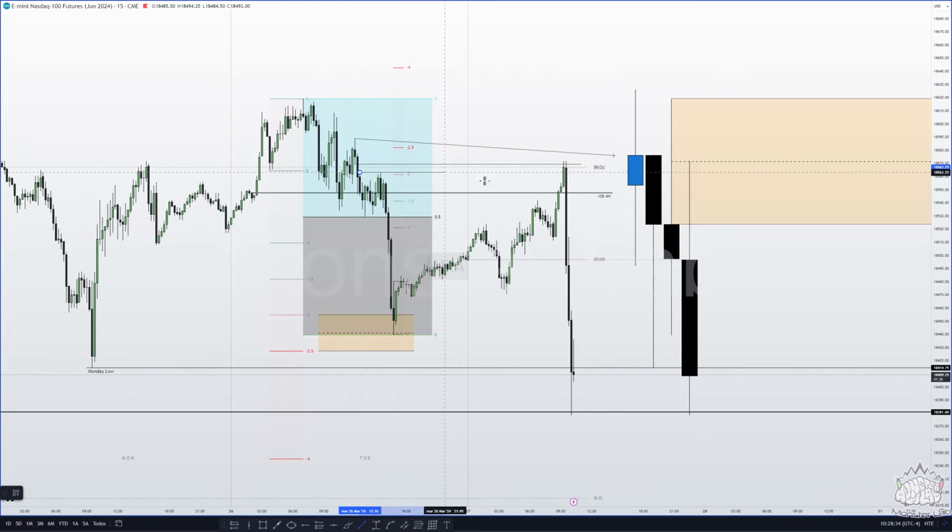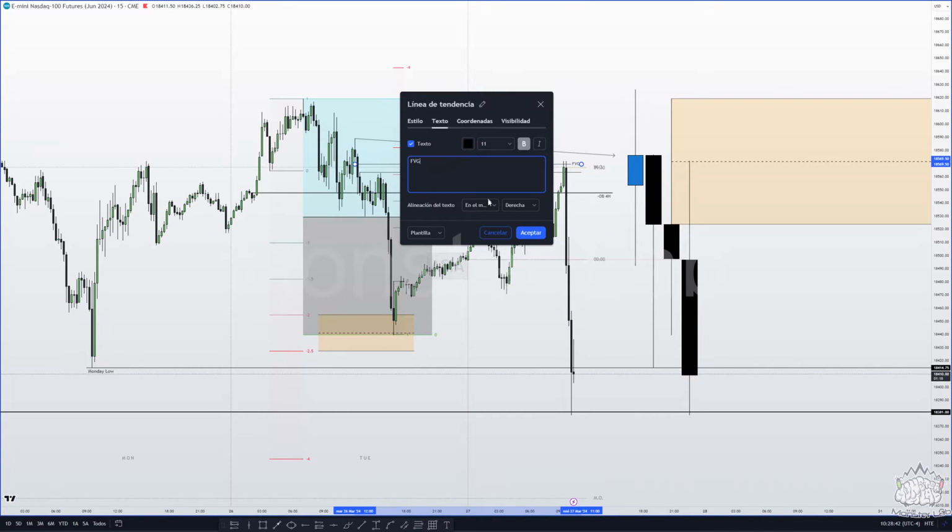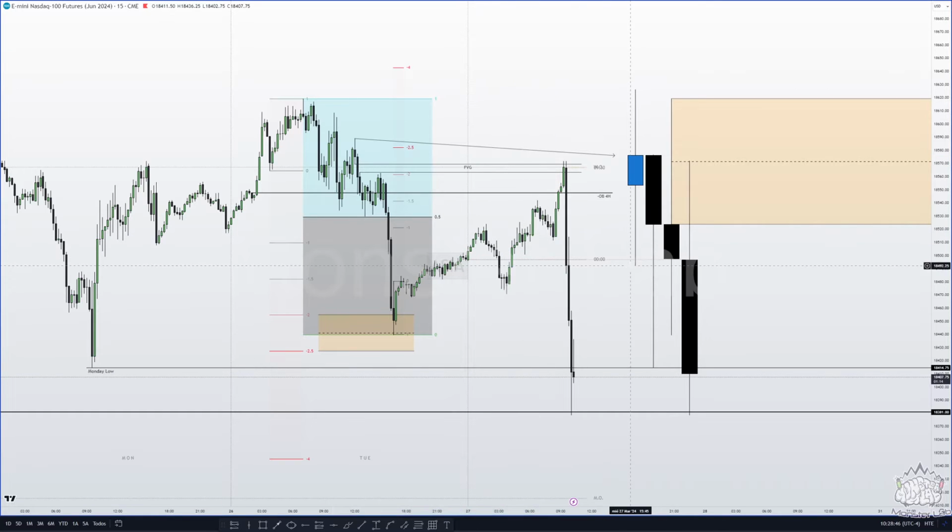This fair value gap here in the 2.5 deviations plus weekly open and equities open. High probability fair value gap, weekly open, fair value gap, open here.